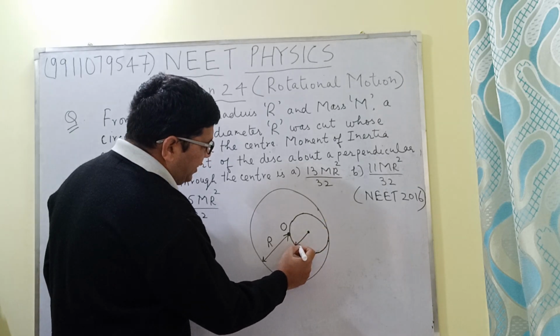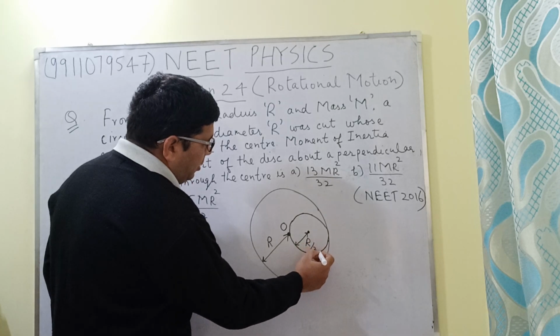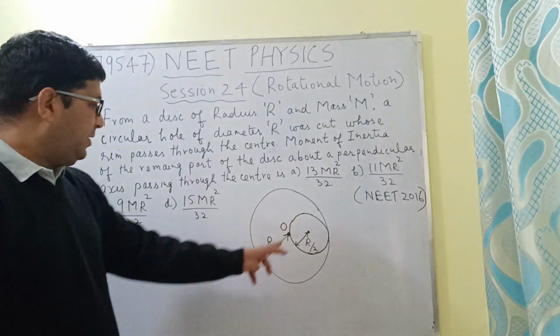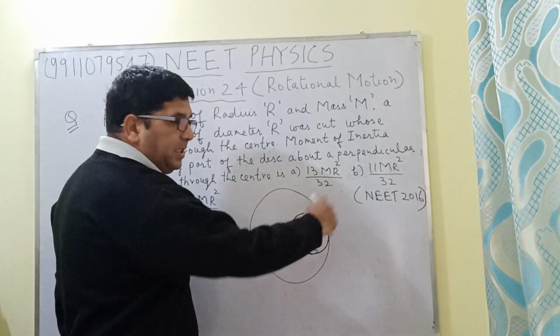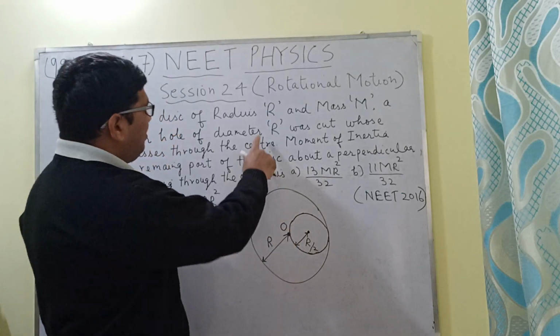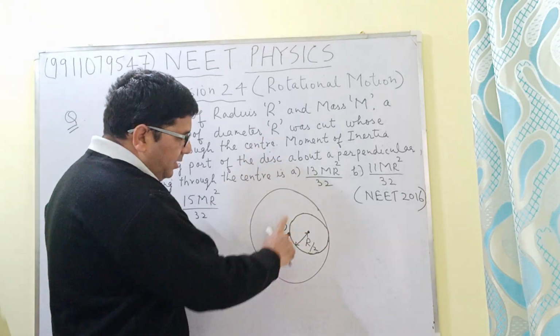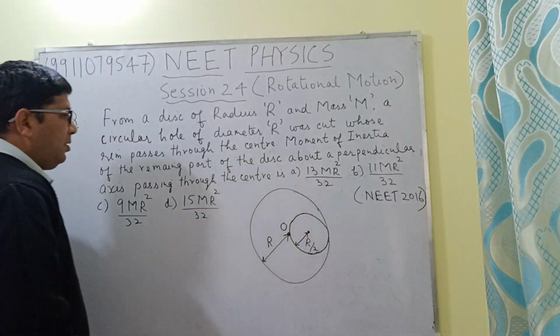So we can say that the radius of this hole is equal to r by 2.